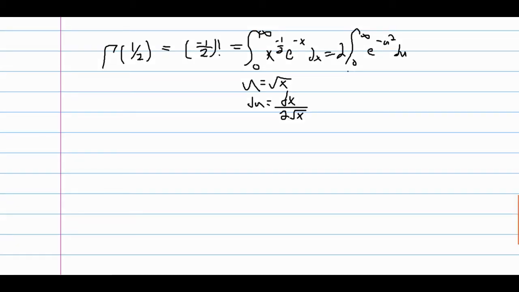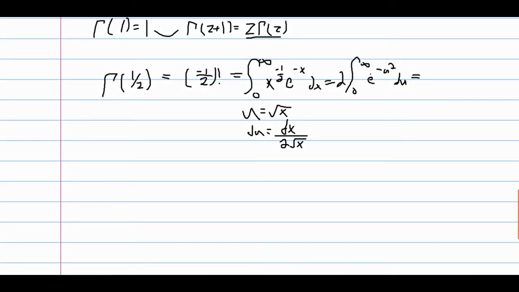But this is the Gaussian integral. Well, it looks like the Gaussian integral. However, notice here we're going from 0 to infinity. In my video on the Gaussian integral the other day, we went from negative infinity to infinity. However, we can notice that the Gaussian integrand is an even function.